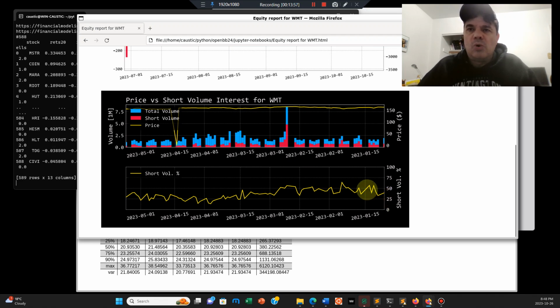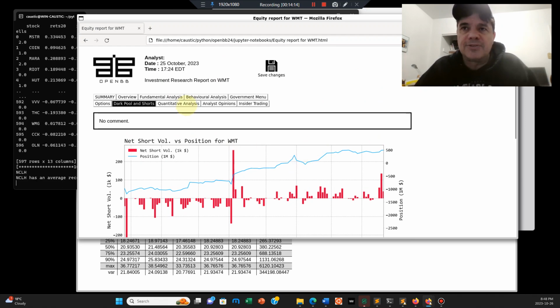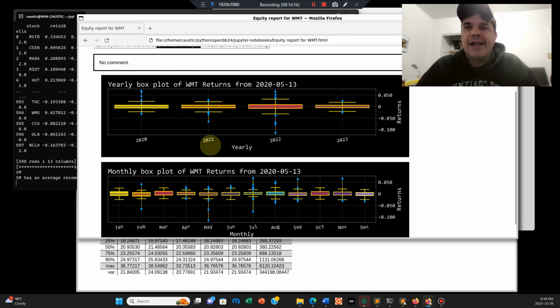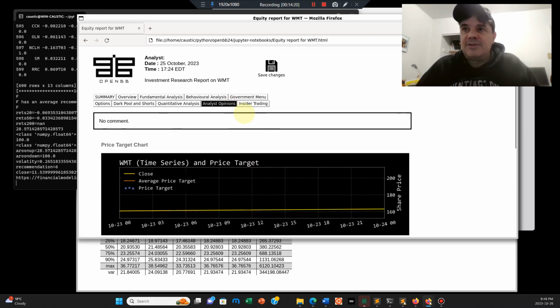Here is where you want to see the short volume fairly low. You want fewer companies short in the stock versus long in the stocks. That's key. So you can see here it's evenly split, but the more longs, the better. Okay, unique information you'll not get anywhere else. Quantitative, again, all these box plots, if that's your thing.